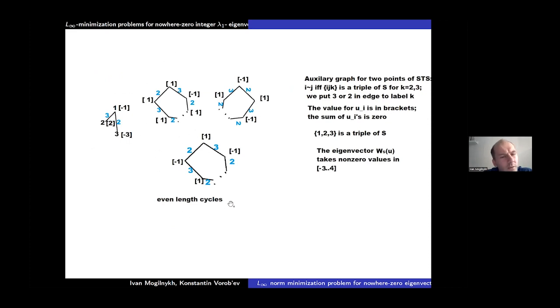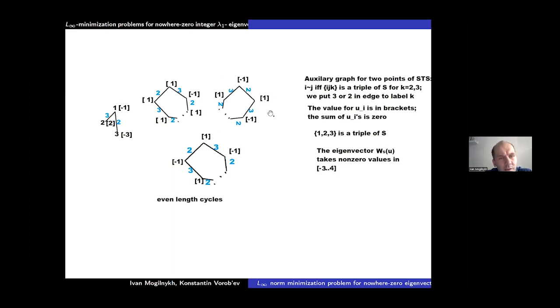Among all even length cycles, we choose one specific cycle and put values 1 on the path with 3 vertices, and then we put the remaining values alternating, -1, 1, -1, 1, and so on.